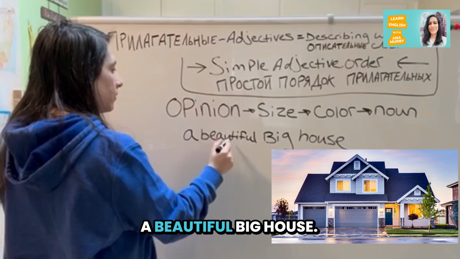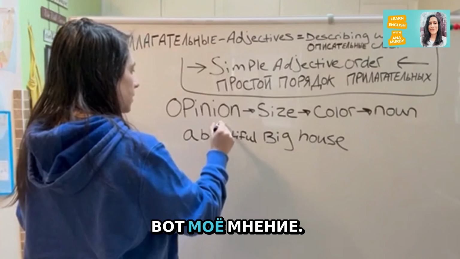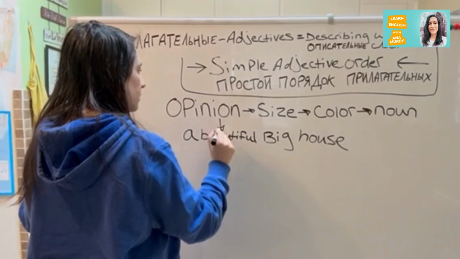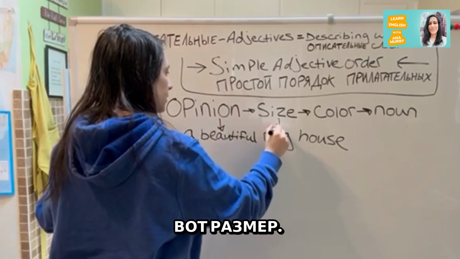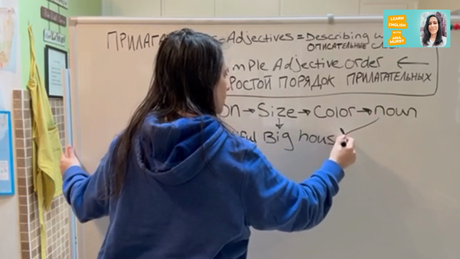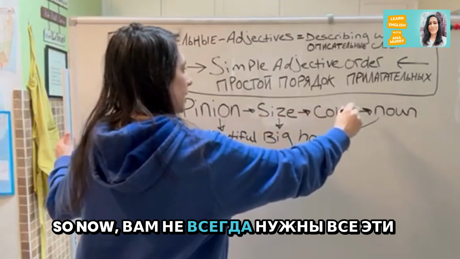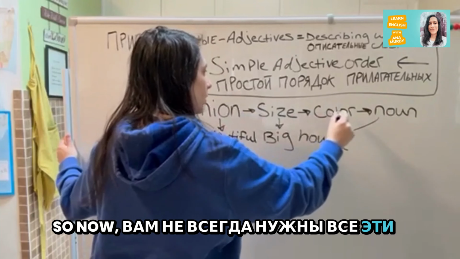A beautiful big house. Here's an opinion. Here's the size. And here's the noun. You don't always need all of these.